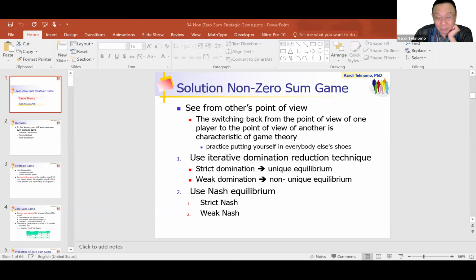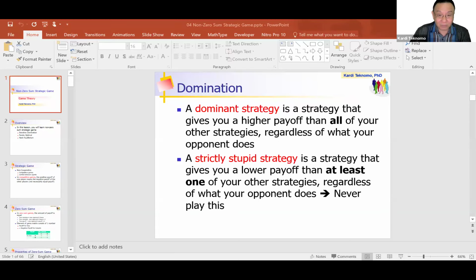When you have weak domination, you will usually not get a unique equilibrium. Let's see the definition first, and then I will give you an example. A dominant strategy is a strategy that gives you a higher payoff than all of your other strategies, regardless of what your opponent does.